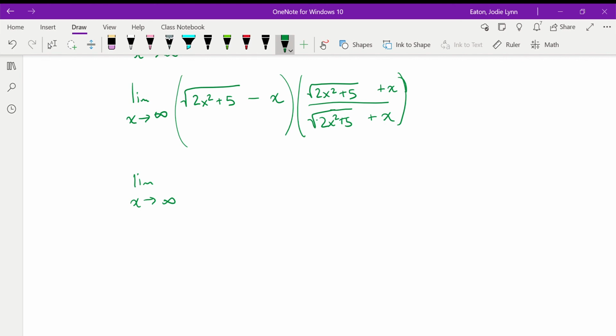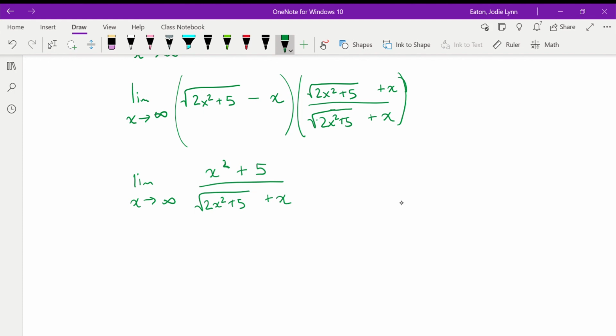Okay, so we now have, we're going to expand the top, so we get 2x squared plus 5 minus x squared. So this is just going to be x squared plus 5 in the numerator. And the denominator is going to be all of our lovely conjugate, radical 2x squared plus 5 plus x. Now, we are going to want to multiply by the highest power in the denominator.